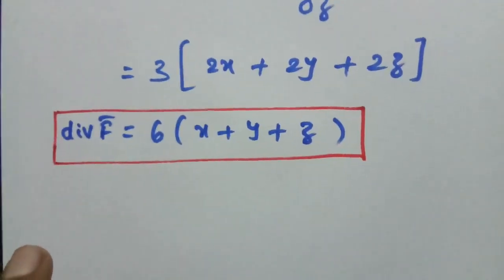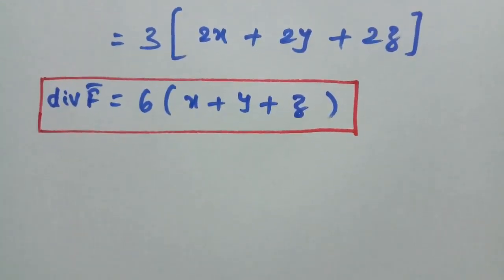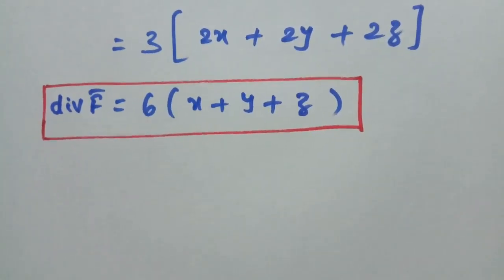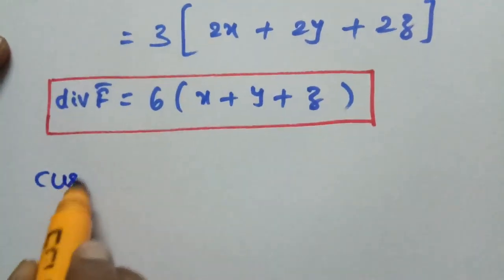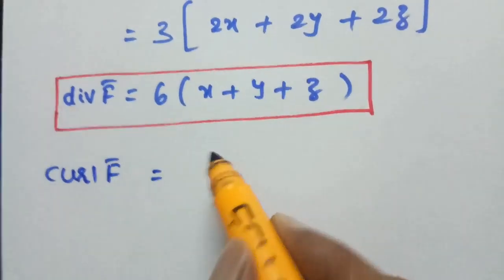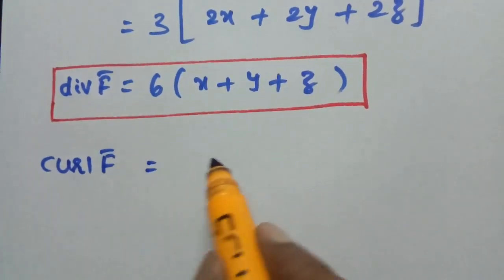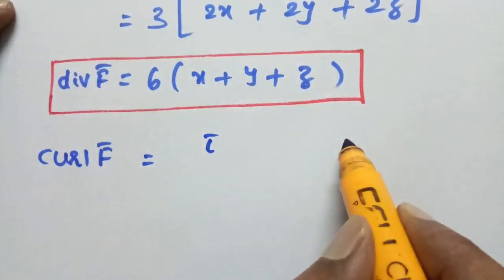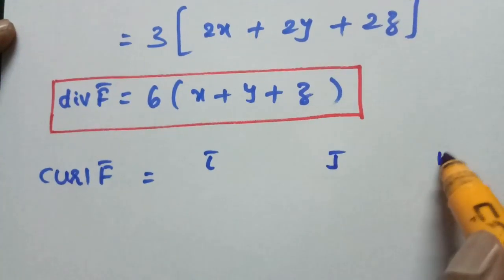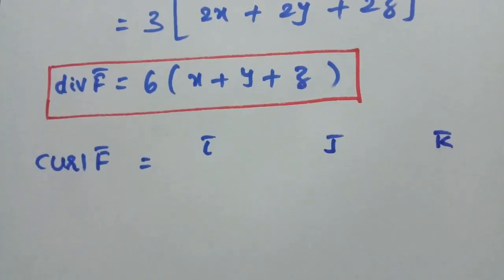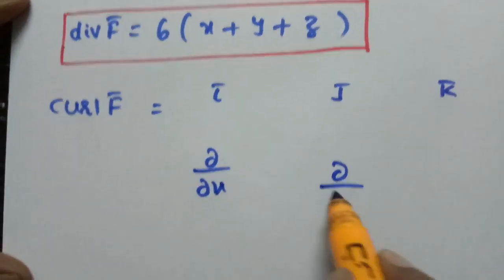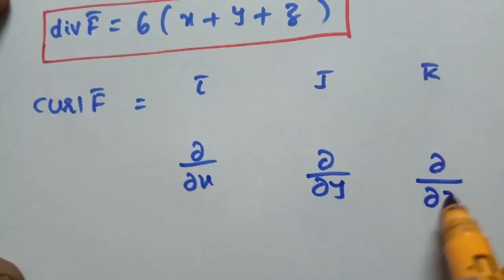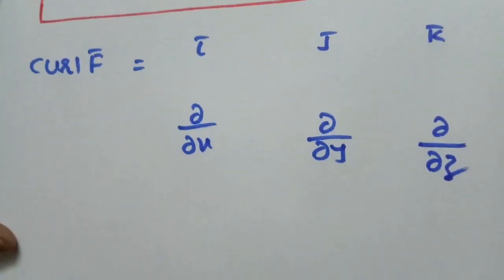Next, find out curl F bar. Curl F bar is equal to the determinant of i bar, j bar, k bar, and the components of del: ∂/∂x, ∂/∂y, ∂/∂z, and F1, F2, F3.